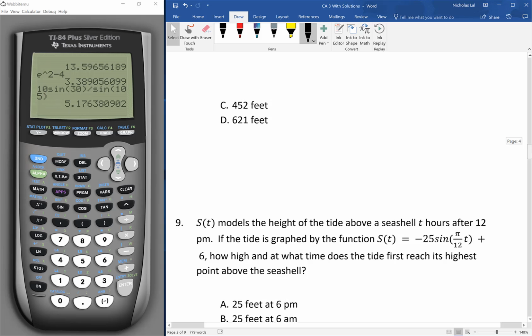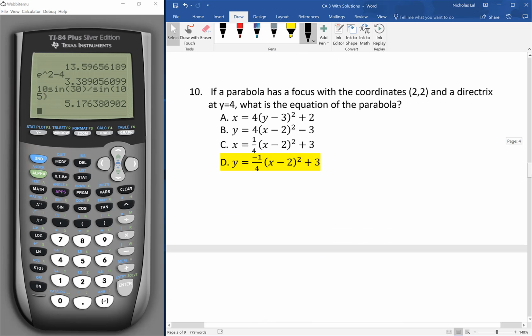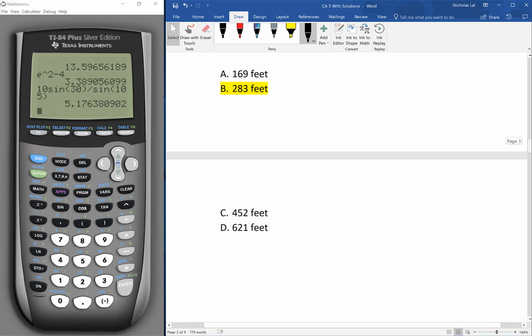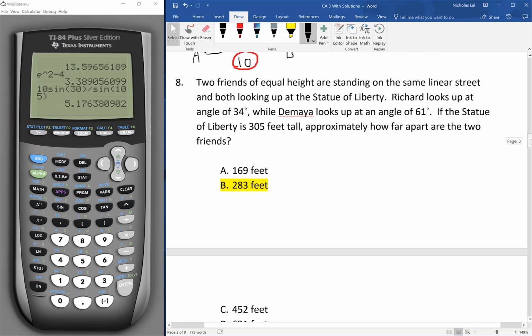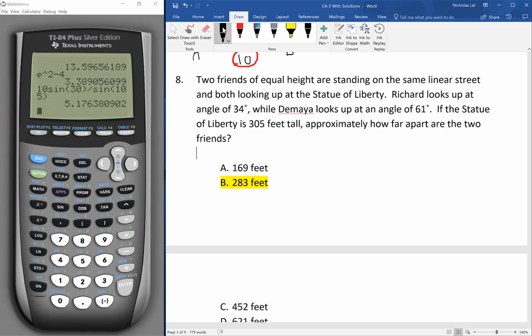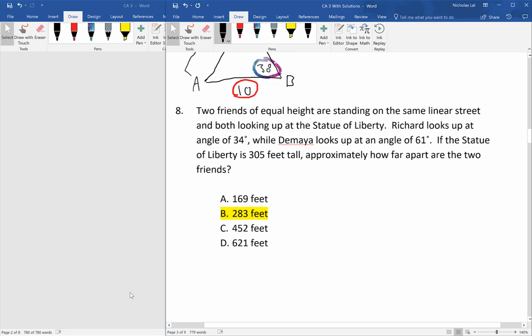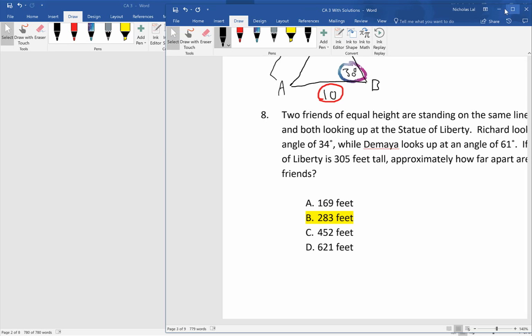So how much space do I have here? Okay, I have a little bit, so let's draw this out here. You have this one guy who, for the Statue of Liberty... all right, two friends are standing on a linear street at the Statue of Liberty.